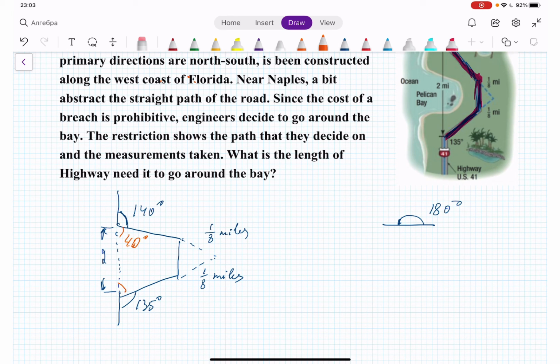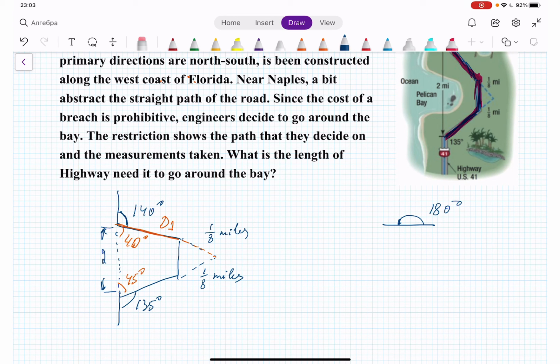135, and here we have 45 degrees, right? Okay, so let me see. I have here distance 1 that comes all the way from here and including this piece also.